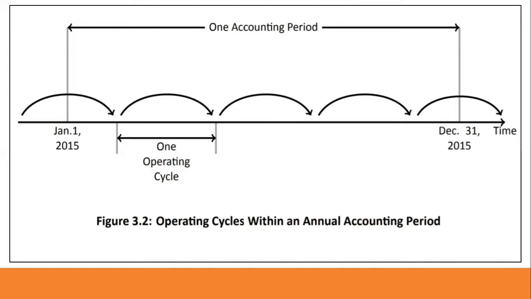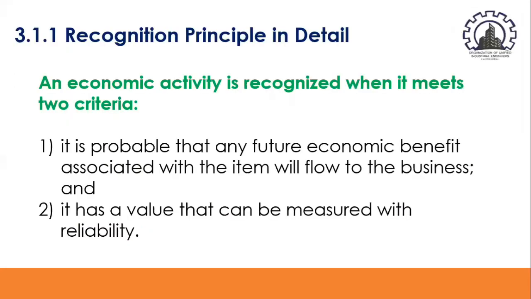guidelines in this area and are the topic of the next section, which happens to be our first key subtopic, recognition principle in detail. Now, GAAP, again, the generally accepted accounting principles, provide guidance about when an economic activity should be recognized in financial statements.